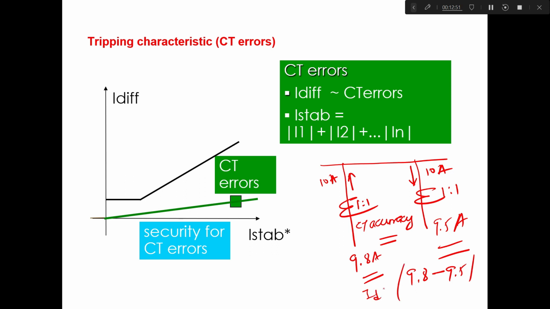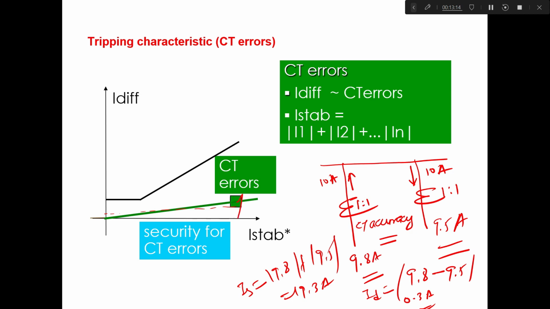So this I differential will be equal to 0.3 ampere, while I stabilization will be 9.8 plus 9.5, that is 19.3 ampere. So we will be having a low amount of differential current, which is 0.3 ampere, with a high stabilization current.